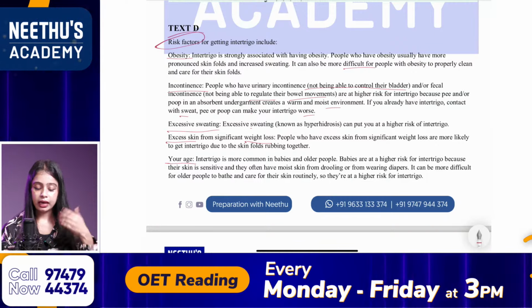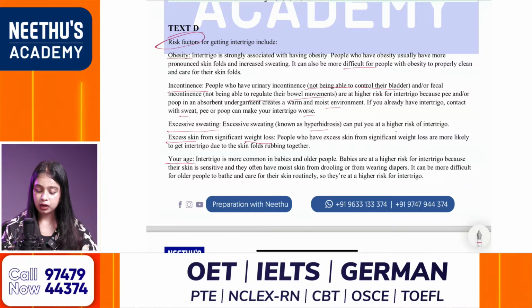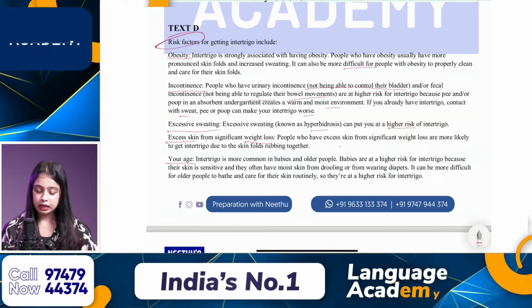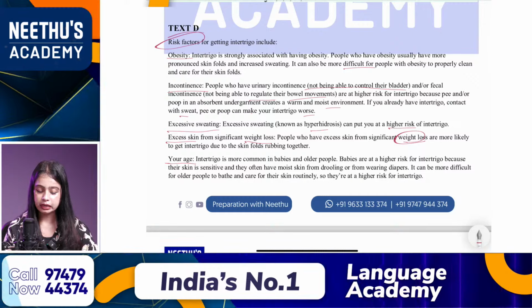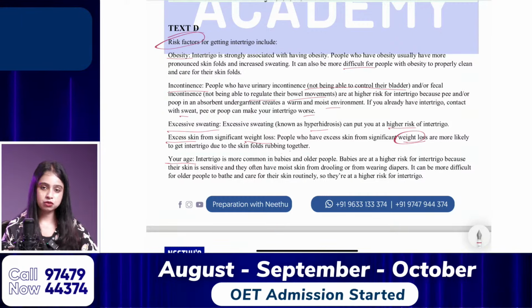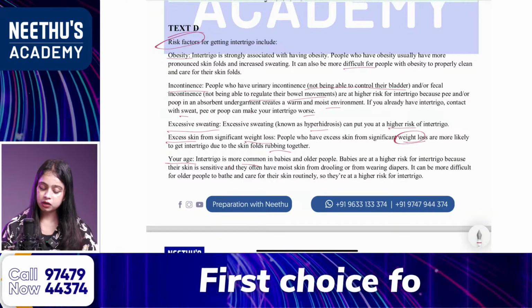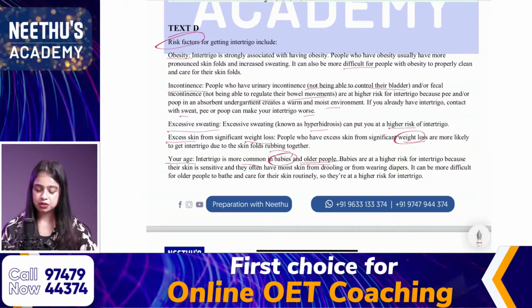Then excessive sweating, known as hyperhidrosis, can put you at high risk of intertrigo. So yes, risk factors mentioned. People who have excess skin from significant weight loss are more likely to get intertrigo due to skin folds rubbing together, because of the friction. Intertrigo is also more common in babies as well as in older people, the geriatric population.